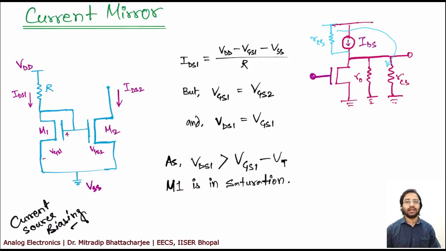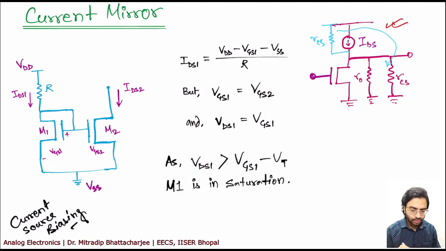Now there is another biasing which is known as current source biasing. I already have shown one circuit previously based on current source biasing. I think when I was calculating the gain sometime before, which is similar to this.